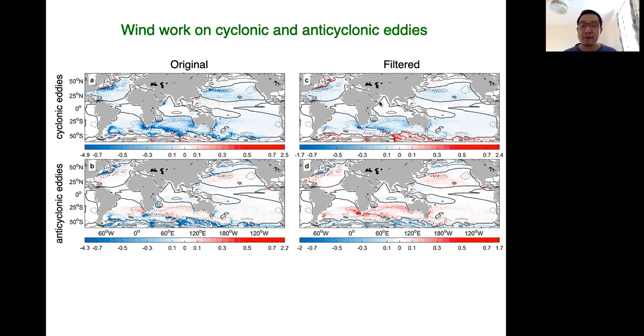What's different is that with filtered wind stress, the blue is less blue, so it's less negative, and red becomes more pronounced. That's just because when we use filtered wind stress, we get rid of the relative wind stress damping. So it's less negative and more positive.